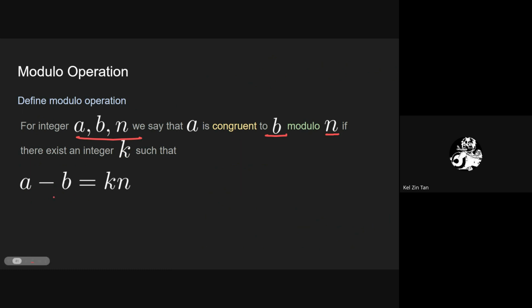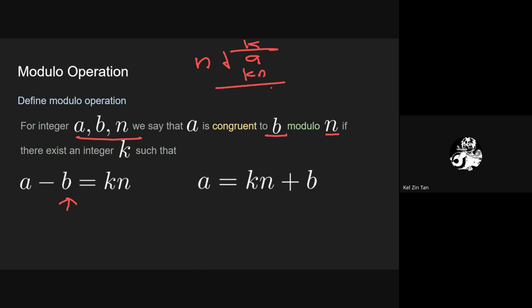This is just a fancy way of saying that b is the remainder of a. For example, you divide a by n, this is k, then this will be kn, and a minus kn will be b. I think this will actually be negative b, but never mind. Basically it says that b is the remainder after a is divided by n.